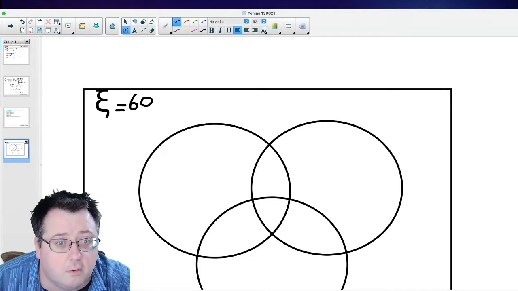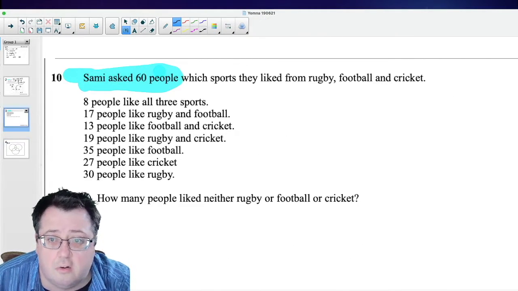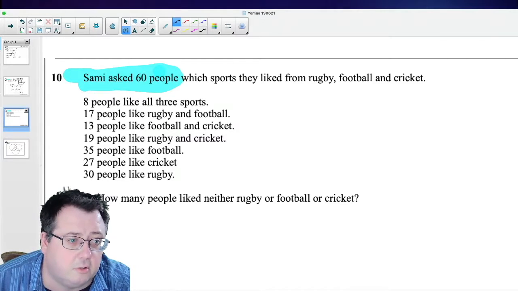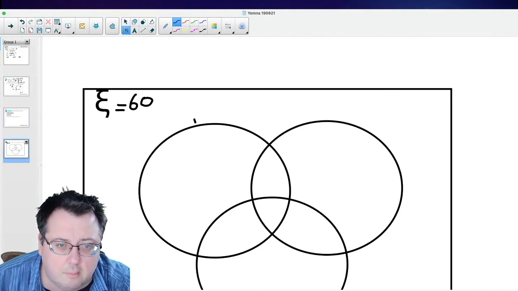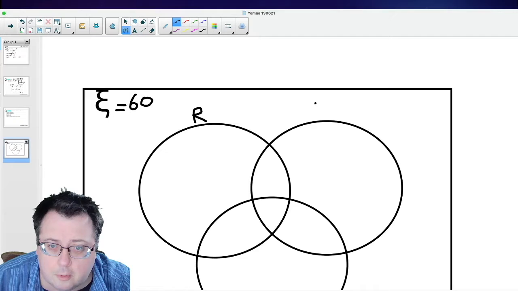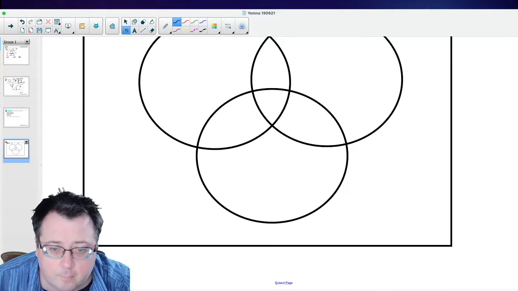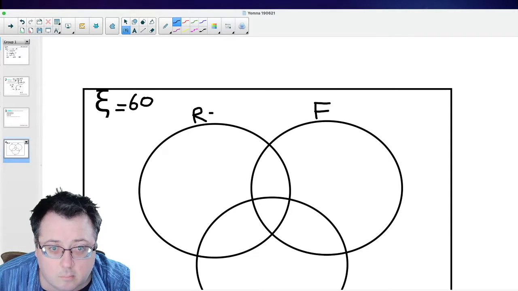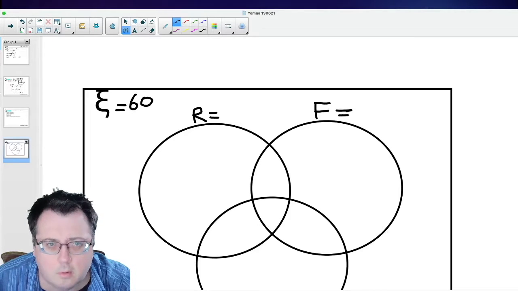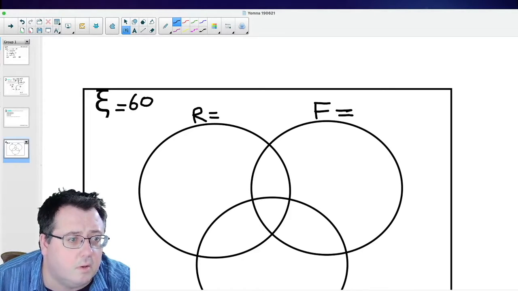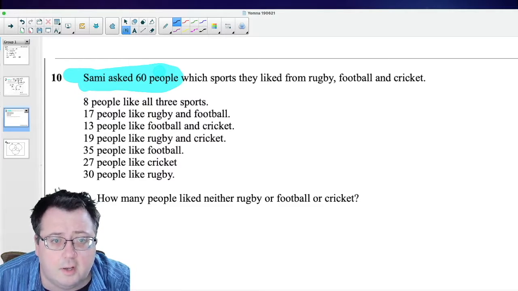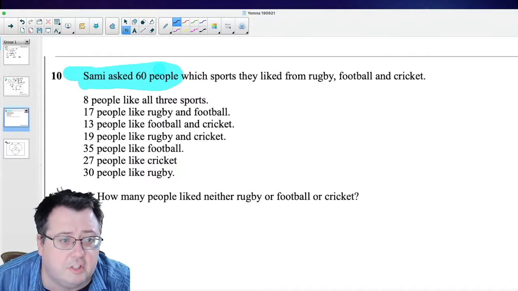Right. So there are 3 sports, rugby, football and cricket. Let's put them in. Rugby, football and cricket. Let's go back now. 8 people liked all 3 sports.